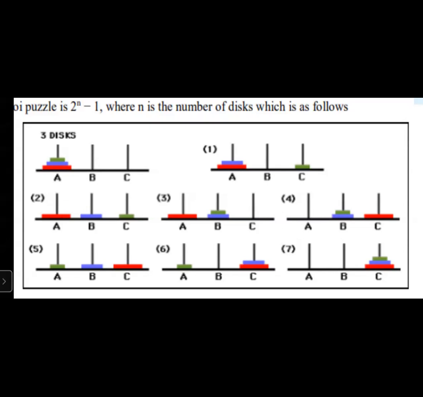Next, I am moving the green disk that is there on rod A and placing it on top of the blue disk.